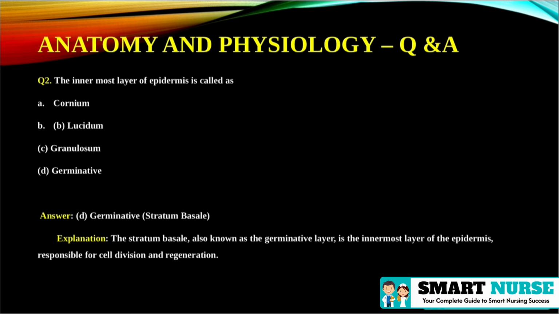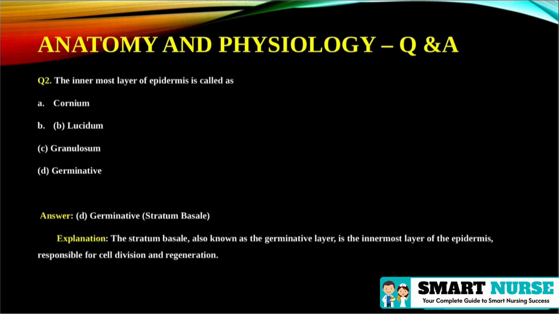The option C is granulosum, the third layer. It consists of 1 to 5 layers of flattened cells. Option D is germinative. It is even called as stratum basale. Stratum basale is the deepest layer. It is made of columnar cells.